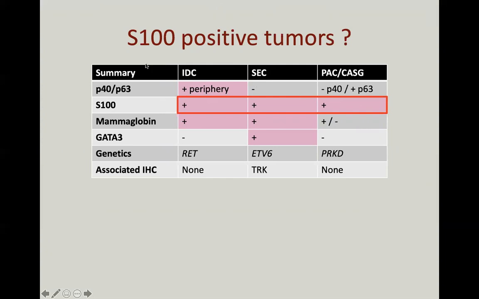Because there are so few tumors of salivary gland that are diffusely strongly S100 positive, I wanted to highlight them in this chart so that if you ever do get a case, go back and refer to this, because there are other stains that may help you distinguish between these three, which I think are actually quite helpful.